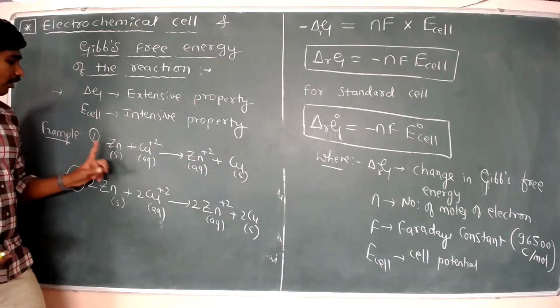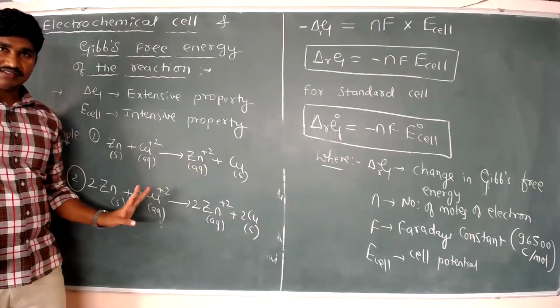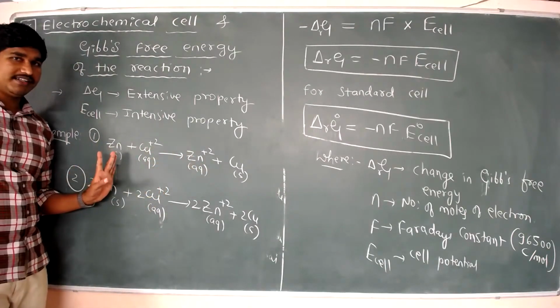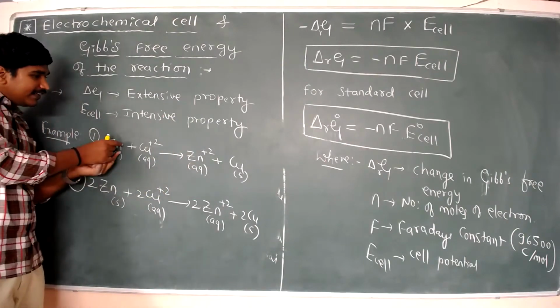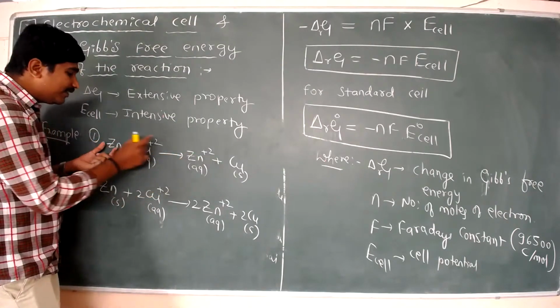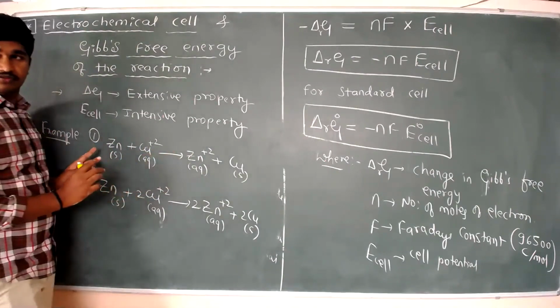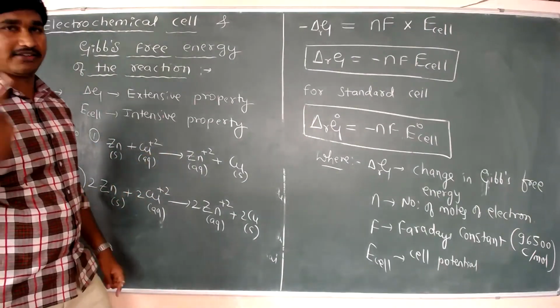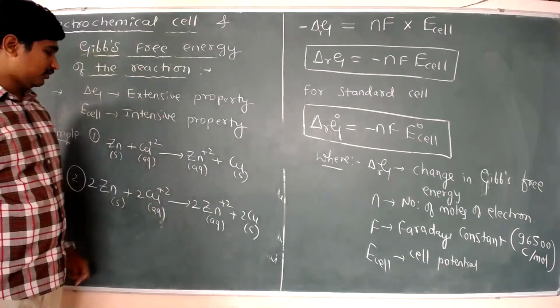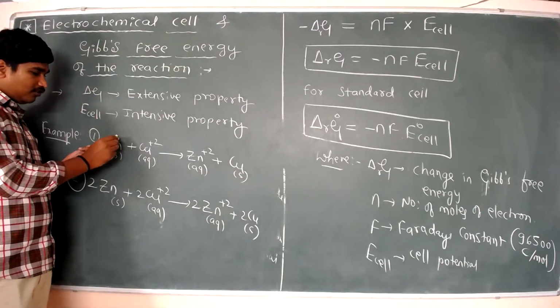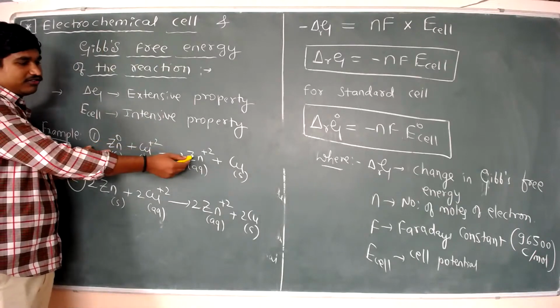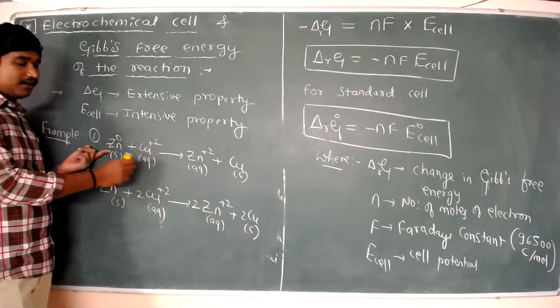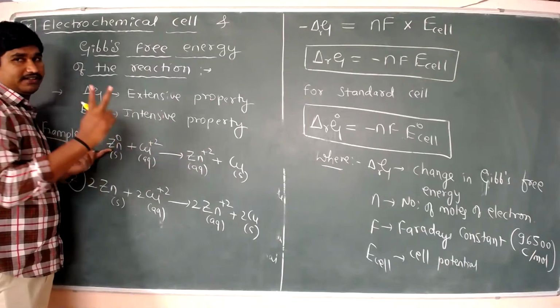Now just think, how many electrons are involved in the reaction? Here Zn is converting into Zn2+. Means how many electrons are lost? 2 electrons. Zn oxidation state is 0, here the oxidation state of Zn is plus 2. How many electron difference is there? 2 electrons.